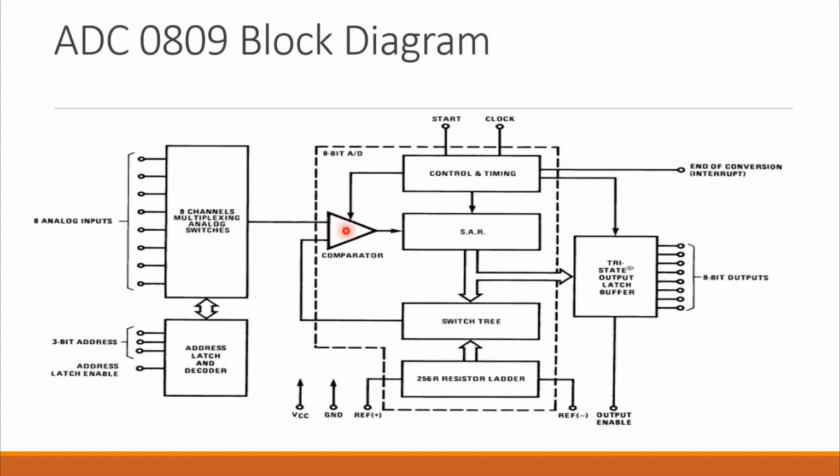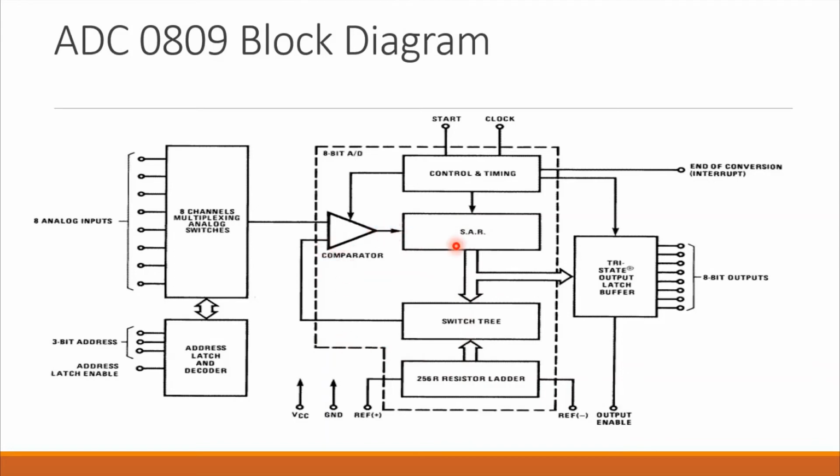That analog is sent again to the comparator, and this value is compared with the analog input. Comparing those two values, this SAR will decide whether to keep that bit or to drop that bit. This way this register will follow 8 iterations. 8 times it will follow this loop.